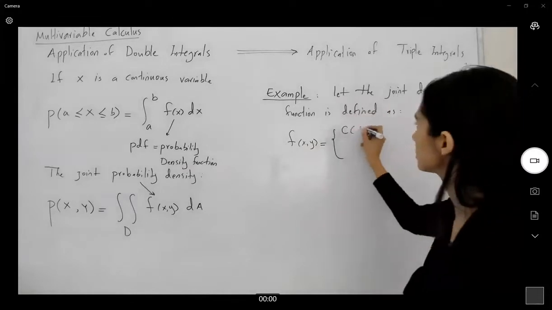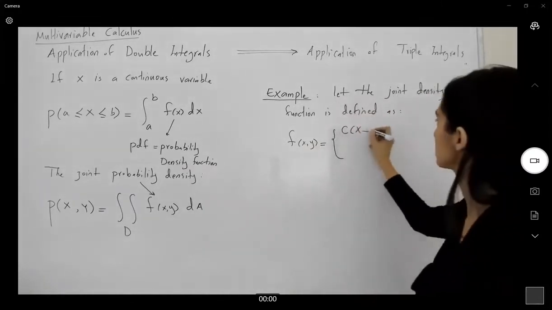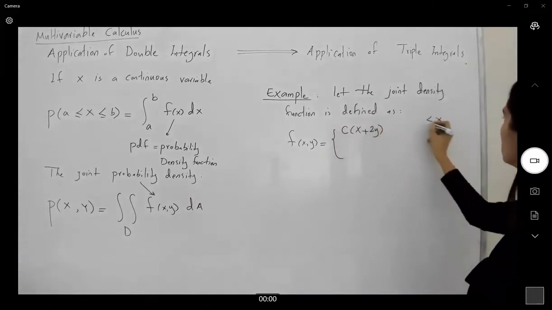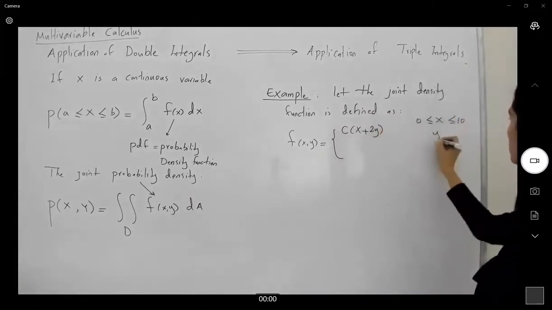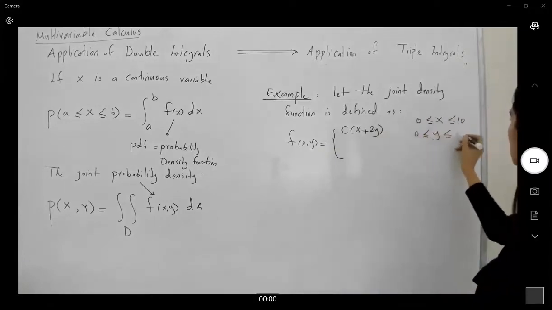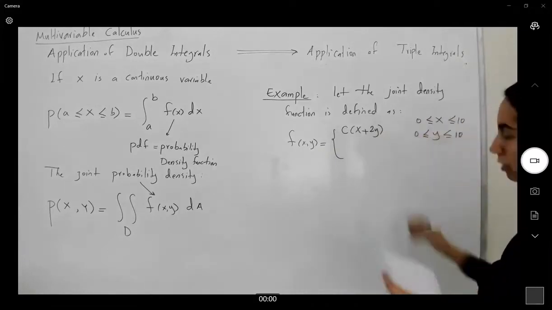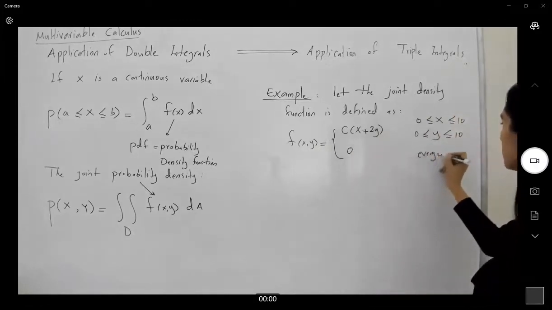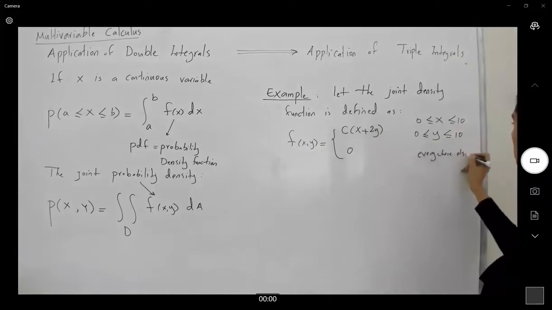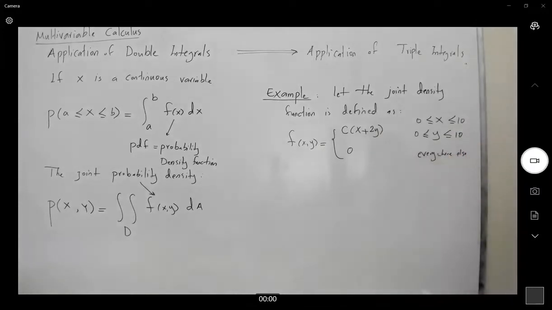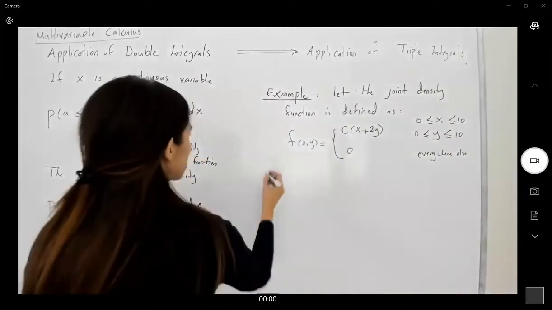C is just a constant, times x plus 2y. Your x ranges between 0 to 10, and your y ranges between 0 to 10. And everywhere else, it's defined as 0.